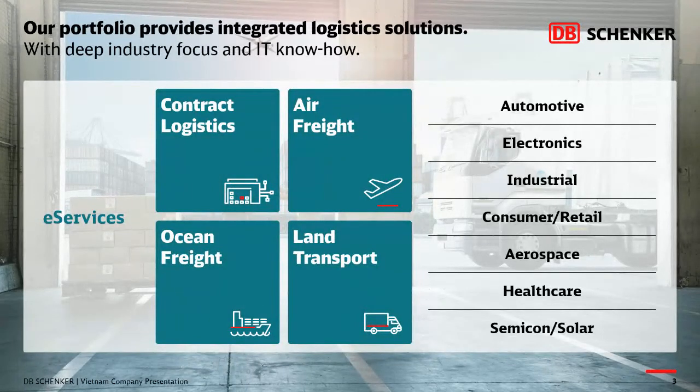So those are the 4 core products we deliver globally. And the way we deliver those products to customers is through 7 vertical markets: automotive, electronic, industrial, consumer, retail, aerospace, healthcare, and semicon solar.